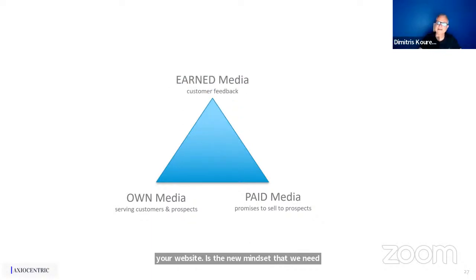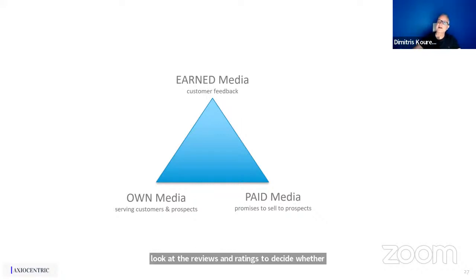Also, we have the earned media. That means the reviews, ratings, whatever people share on the internet about the experience they had from your product and your service. This is super powerful today. Before you buy something, probably you will have a look at the reviews and ratings to decide whether people have a good experience or not.